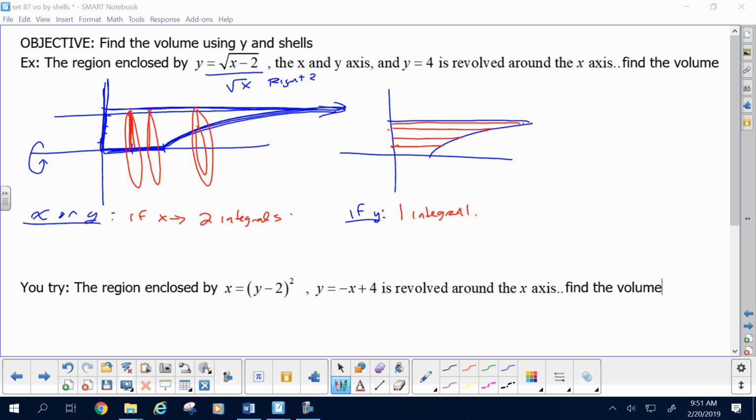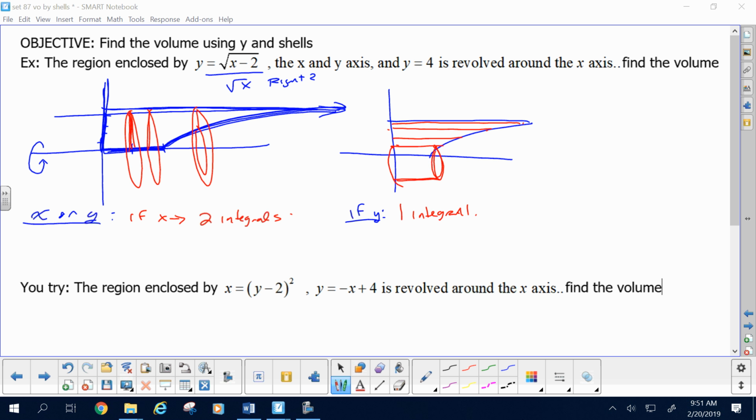If I use y, then after you decide this is what the slice is going to look like, you decide: when I revolve that slice, what's made, a washer, a disc, or a shell? A shell, all right? Now, I didn't decide shells first. I decided the variable first.